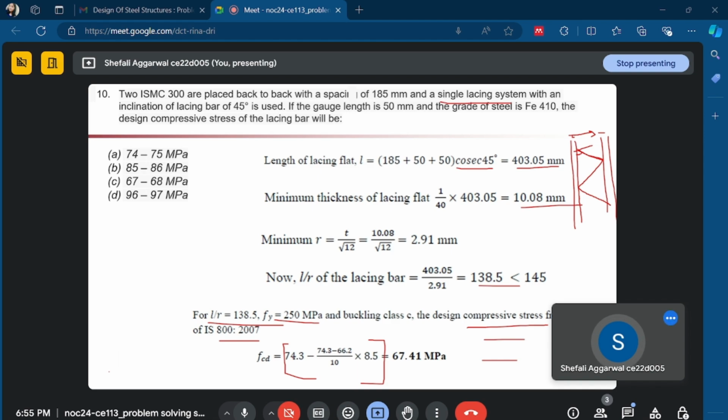So 74.3 minus this, which is the interpolation formula we are using, into 8.5, will give us the compressive strength as 67.41. So the answer will be in between 67 to 68 megapascal.